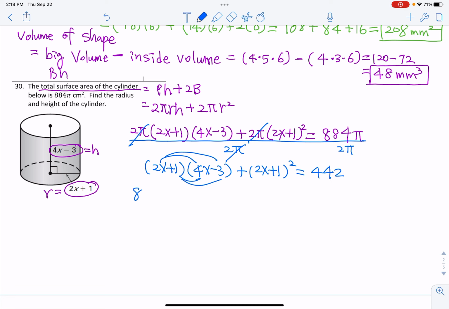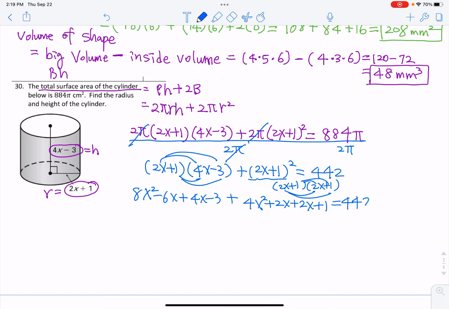And then you FOIL. Then 8x squared minus 6x plus 4x minus 3. Plus, if you square this one, it is the same as 2x plus 1 times 2x plus 1, and you FOIL also. So 4x squared plus 2x plus 2x plus 1 equal to 442.